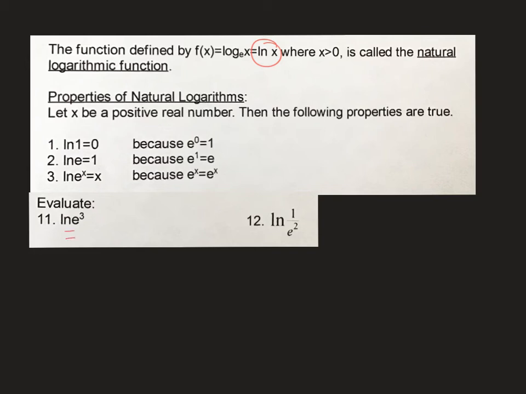So this is going to equal 3 because that natural log and that e are essentially going to cancel out. But if you wanted to put it in your calculator, you would just hit the ln button, and then you would do second of ln to get that e value again, and type in your 3 for your exponent, close your parentheses, and hit enter, and it's going to give you 3.